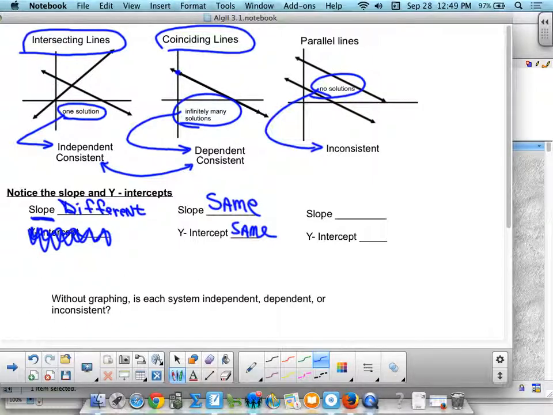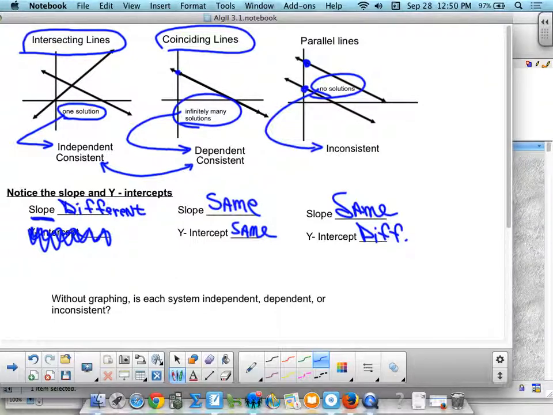Next, parallel lines don't touch, no solutions. How are you gonna know this happens? When the slope is the same, and the y-intercepts are different. So if that's the case, you guys can look at systems and say, that system is just intersecting lines. That one's parallel, they don't touch.